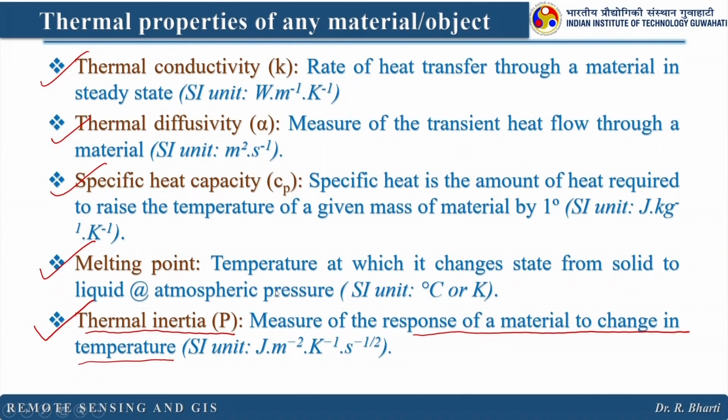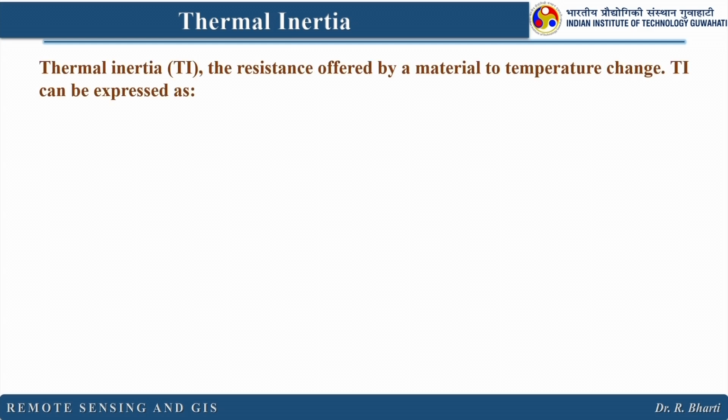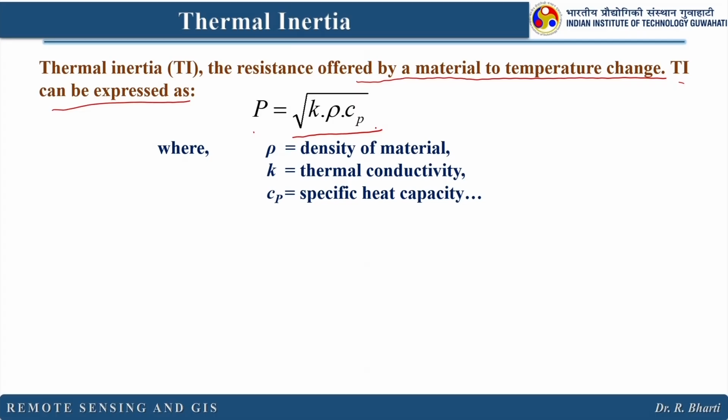Now we will see how we can derive this thermal inertia information from our satellite remote sensing data in the thermal region, right. Thermal inertia is the resistance offered by a material to temperature change, and TI can be expressed as this, right, where density of the material, thermal conductivity and specific heat capacity are used.